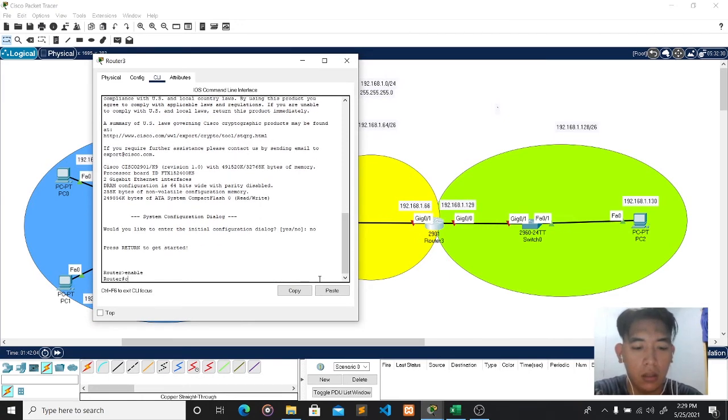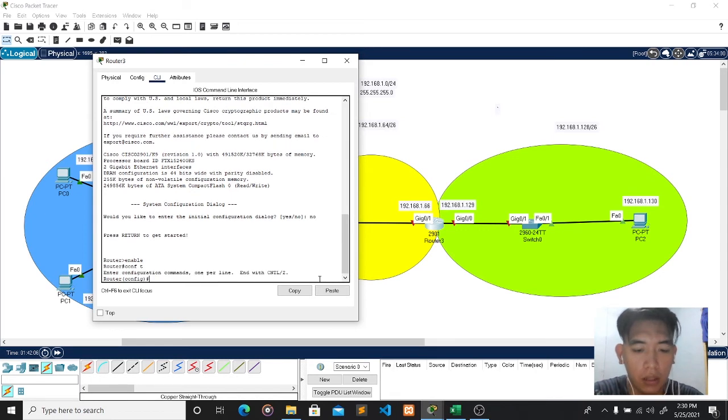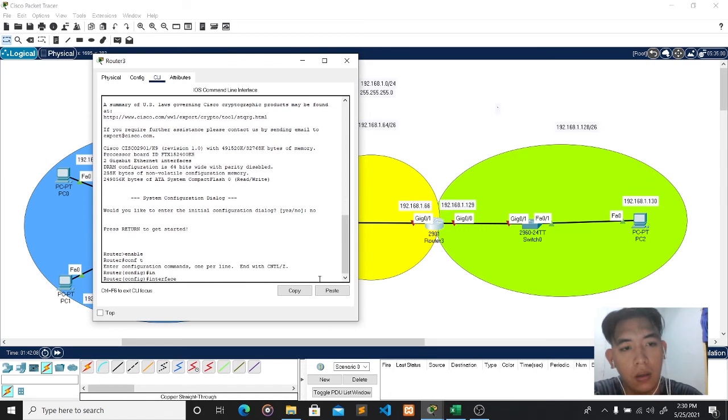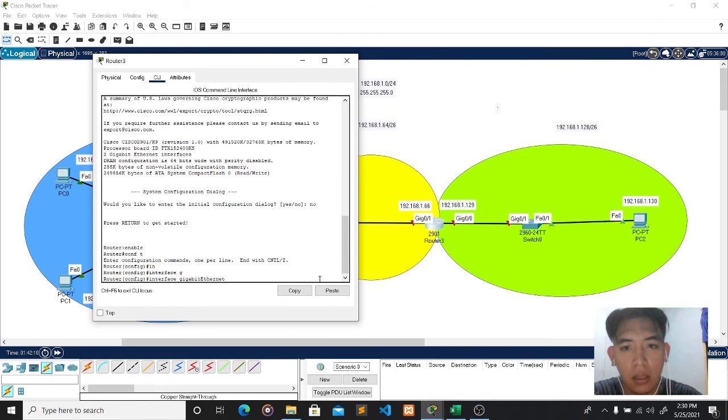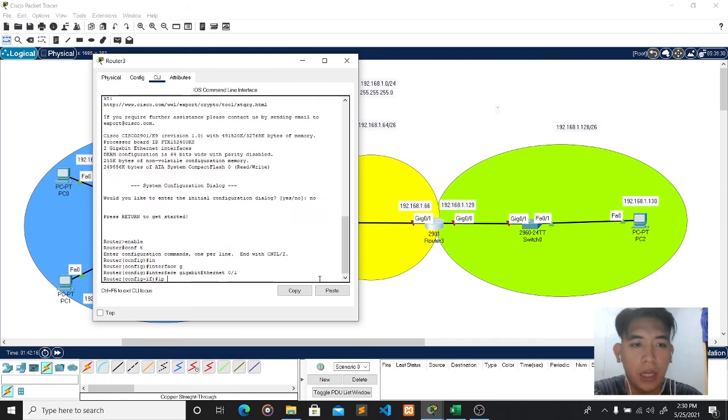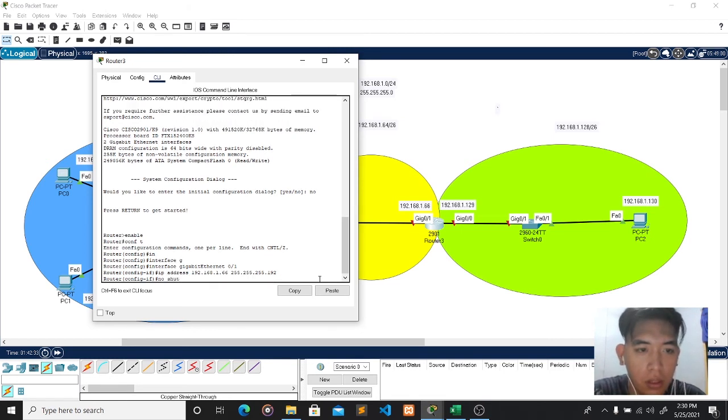Enable, configure terminal, then interface gigabit 0/1, then mag-a-add tayo ng IP address 192.168.1.66, 255.255.255.192, then no shut.